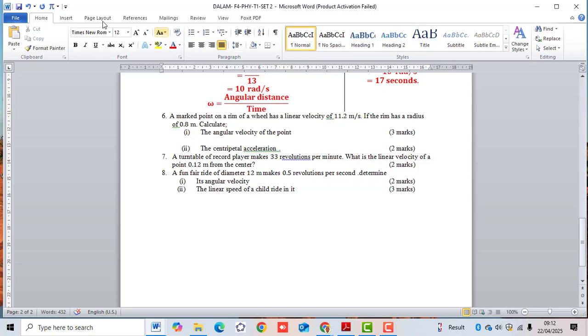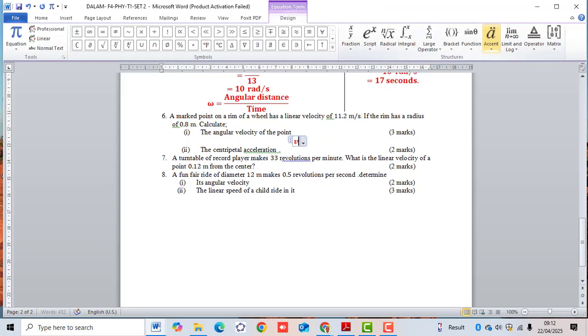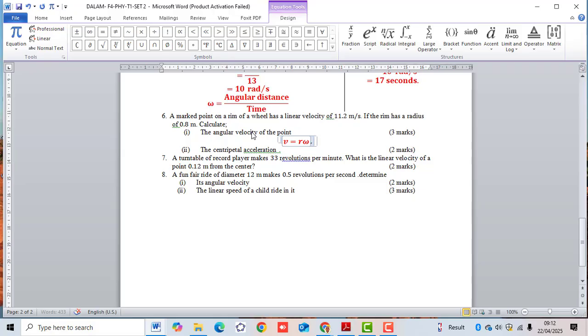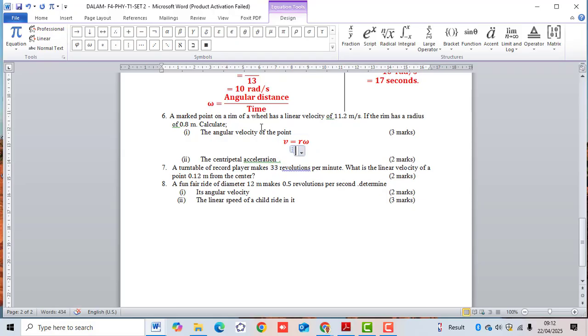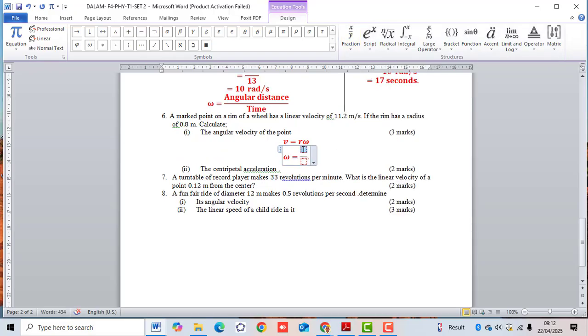Remember that the relationship between the angular velocity and linear velocity is that linear velocity v is equal to r omega. So clearly, when I make omega the subject of the formula, I'll have v over r.